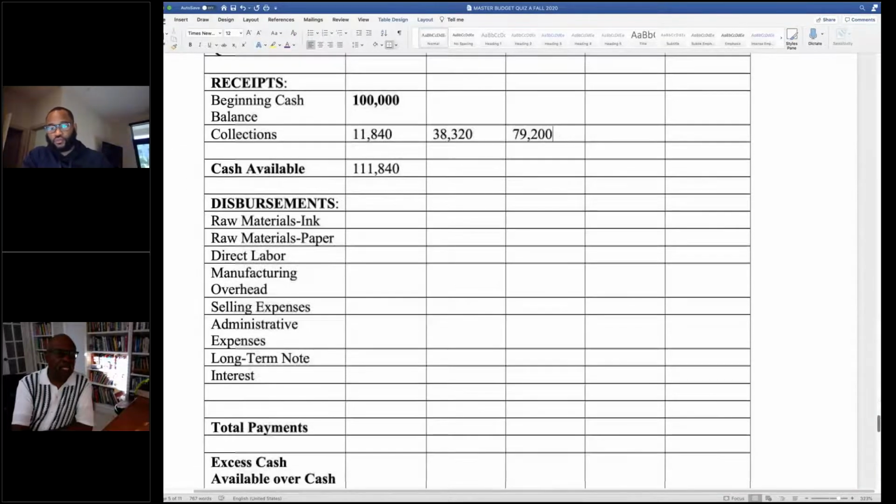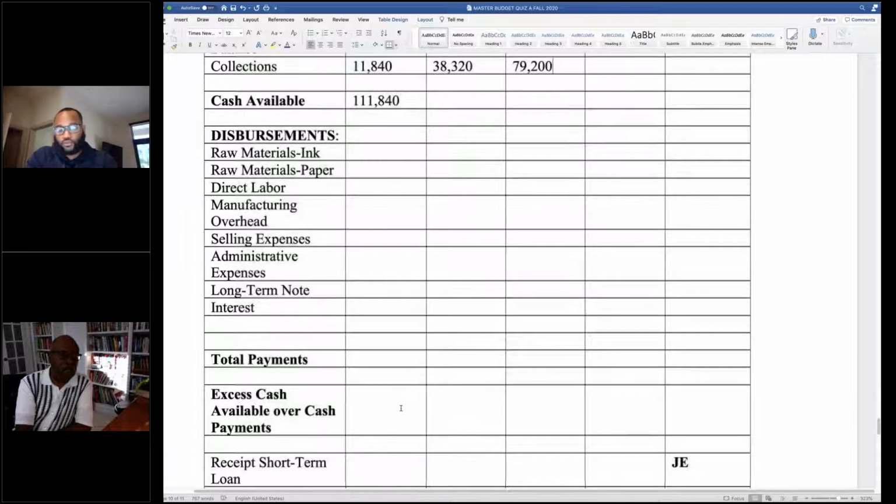We now have to determine how much money is going out to see if we have enough money. We have 111,840, and so we're just going to put numbers in here to see how much money we have to pay versus what we have, to see if we need a plan in place to borrow money.